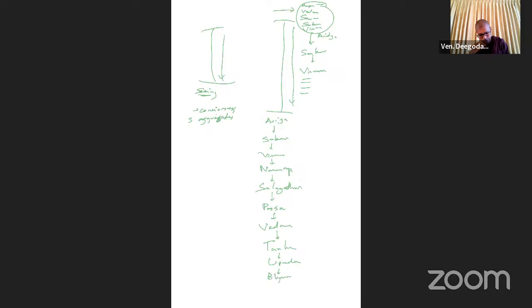At the end, there's Jara Marana leading to Soka Parideva Dukkha Domanassupayasa. So here, at the Vijnana level, you get all five things. But this explanation is a different type of explanation, where it explains how the delusional Vedana is being formed. So that is the explanation here. It does not.